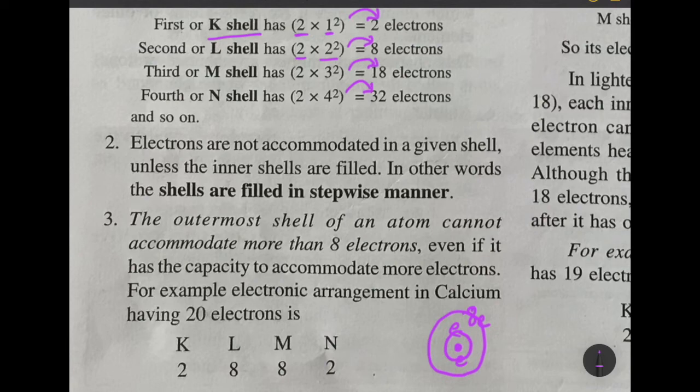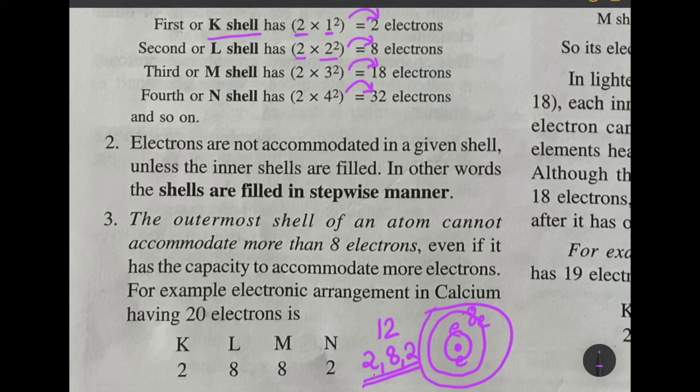Supposing there are 12 electrons in total, how will you divide it? First shell will have 2, second will have 8, so 2 plus 8 is 10, how many are remaining now? 2. So that will move on to the third shell. This is the arrangement of electrons in the atom, and this is known as electronic configuration.